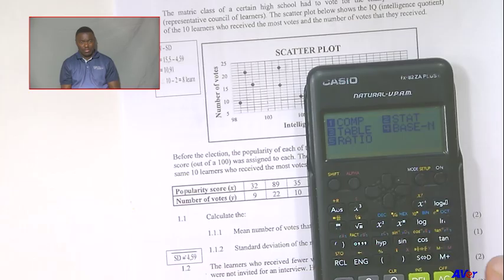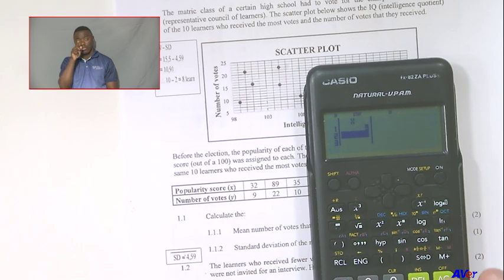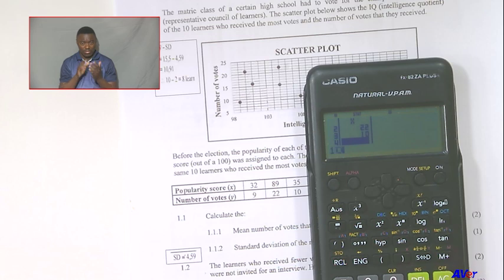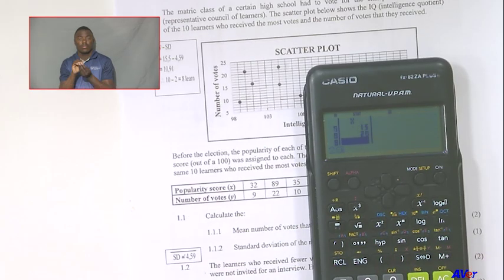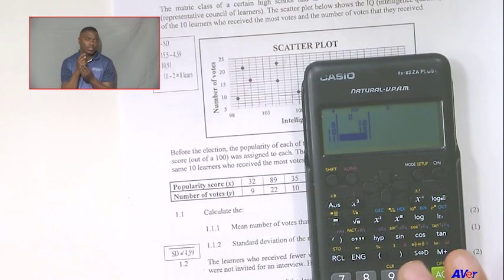You can go to the stat mode, then one is the variance, and you can key it in. I also want you to key it in on your calculator and see if you get the same value. Or you can just find the sum of the scores divided by the number of the scores, and that should give you also the correct answer.